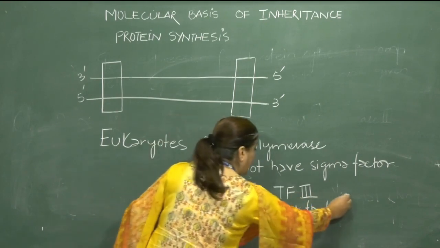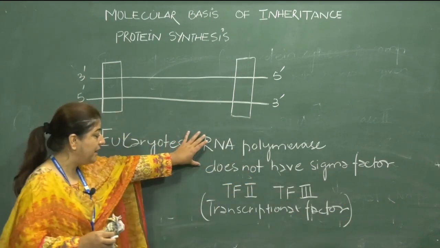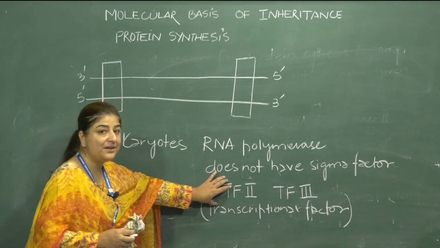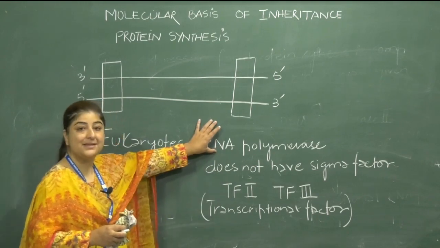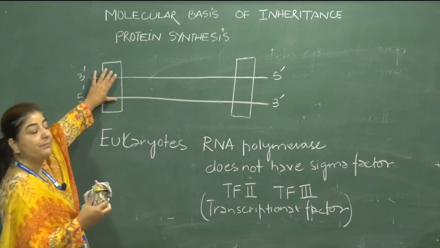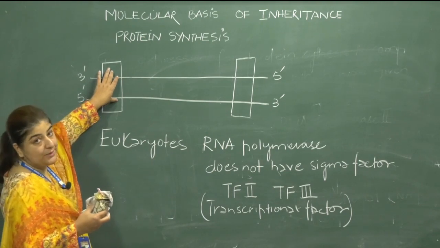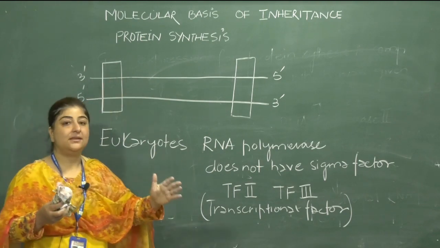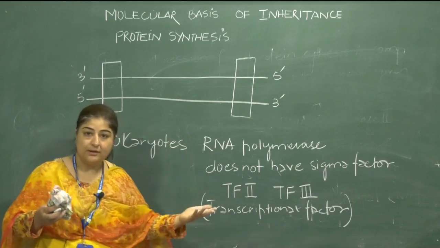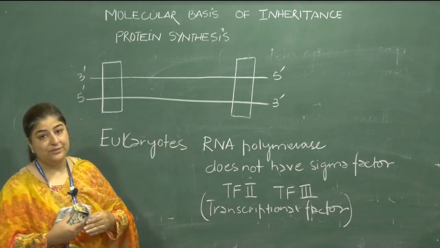So, in eukaryotes this RNA polymerase binds with the transcription factor, gets activated, and binds to the promoter sequences. So this was the difference between the RNA polymerase of the prokaryotes and of the eukaryotes.